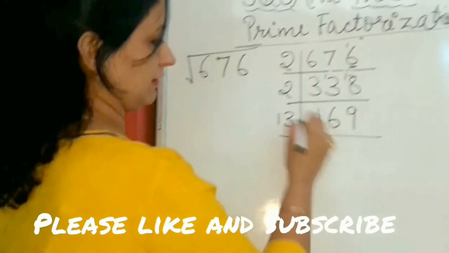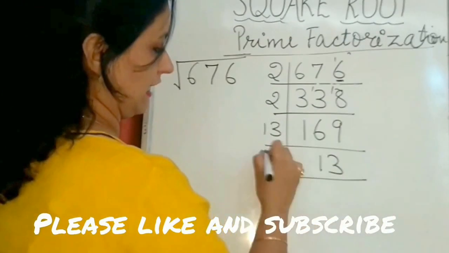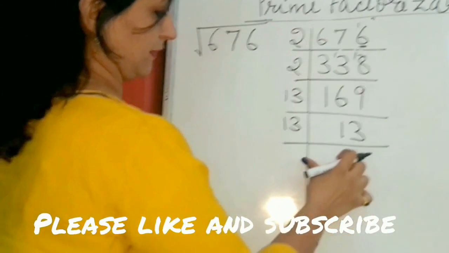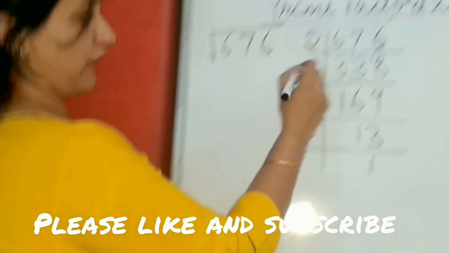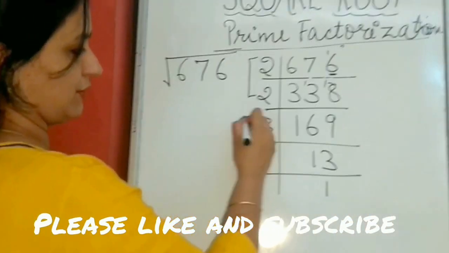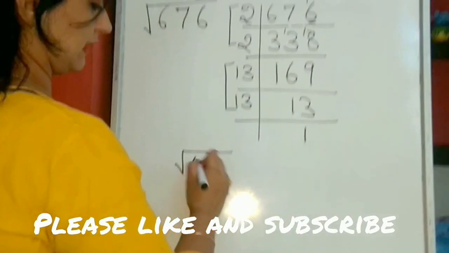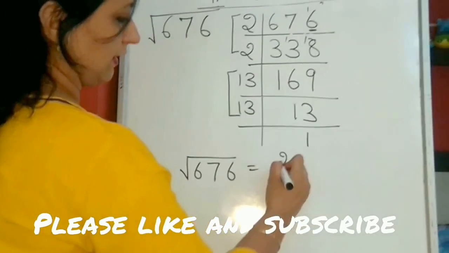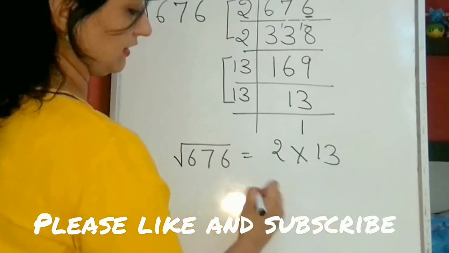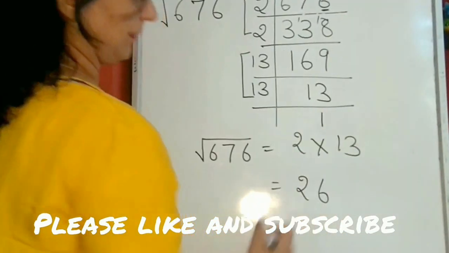Then it is 13, 13 13s are 169, and now it is 13 1s are 13. So if I have to find the square root, I again make pairs of the same numbers. So the square root of 676 would be 2 into 13, which is equal to 26.